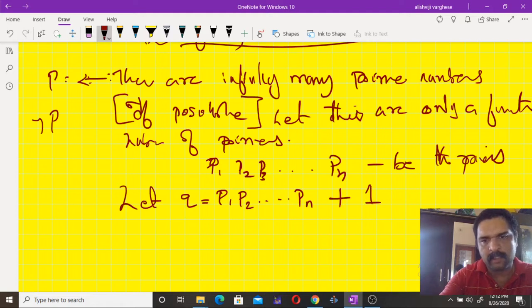P1, P2, etc. Pn are integers because they are prime numbers, positive integers. Then we can take the product of them. There is nothing wrong in that.